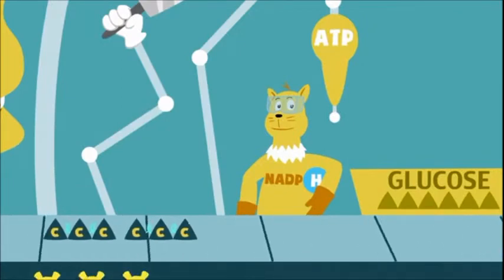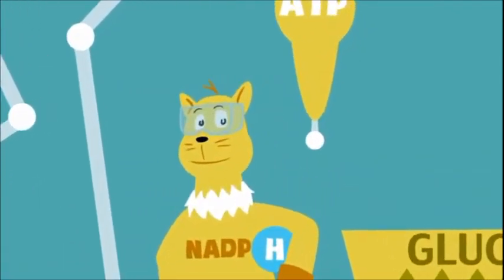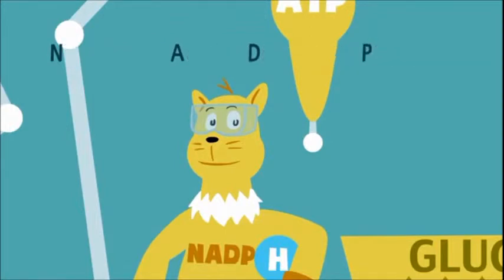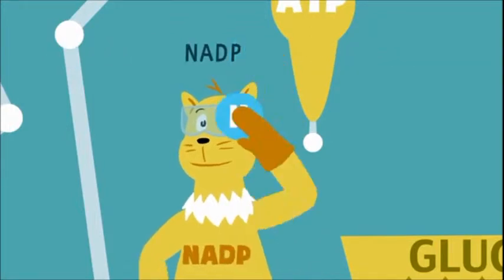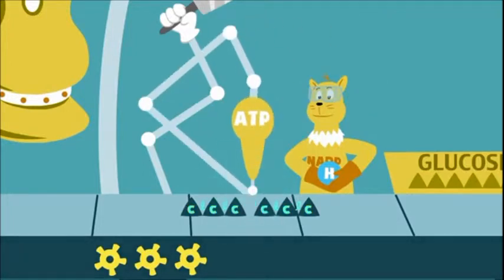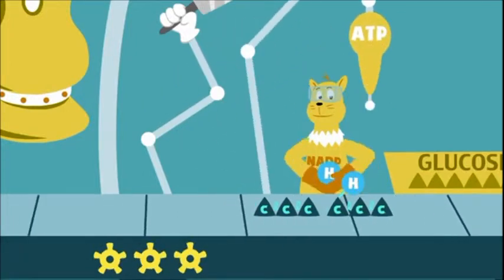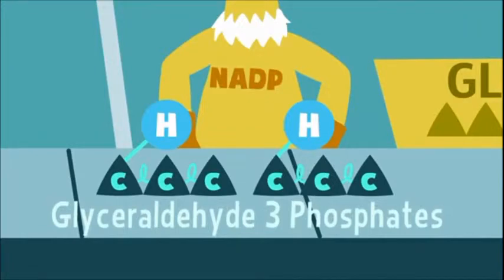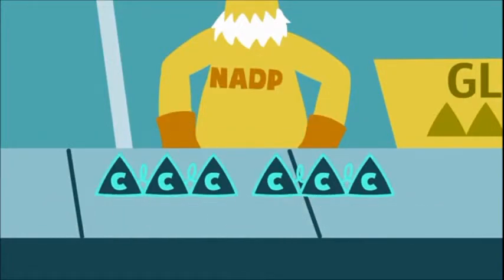Enter ATP and another chemical called nicotinamide adenine dinucleotide phosphate, or just NADPH. ATP, working like a lubricant, delivers energy, while NADPH affixes 1 hydrogen to each of the PGA chains, changing them into molecules called glyceraldehyde 3-phosphates, or G3Ps.